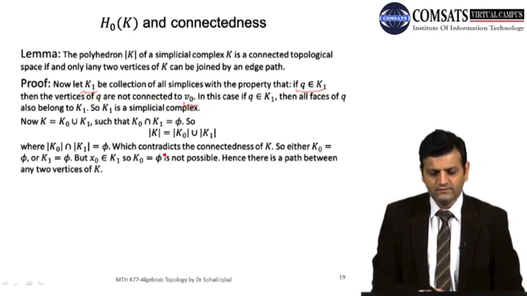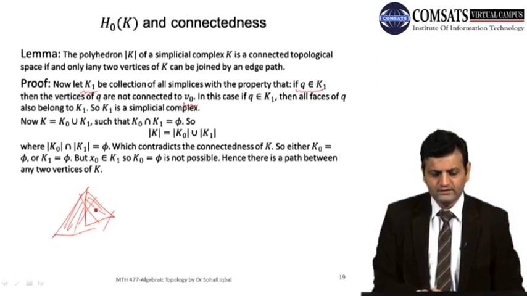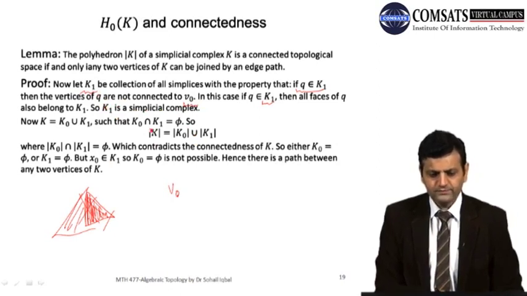If I have some simplex whose vertices are not connected to V0, then of course the vertices of its faces are not connected to V0 as well. So all faces of any element of K1 also belong to K1, so it's a simplicial complex.